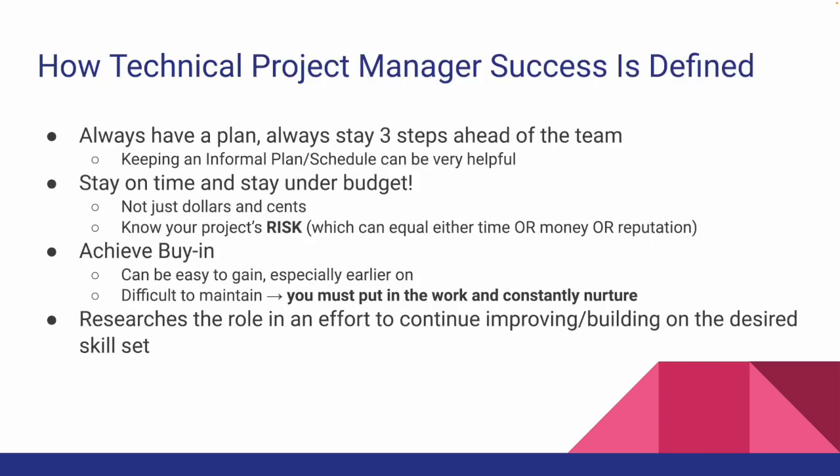Finally, how success is defined in this role. Some great ways to achieve success and know that you're succeeding is if you always have a plan and you're always staying 3 steps ahead of the team, that means you're doing well. Keeping an informal plan or schedule can be very helpful for this.